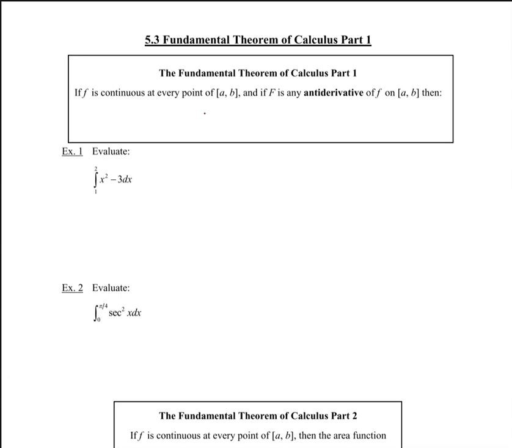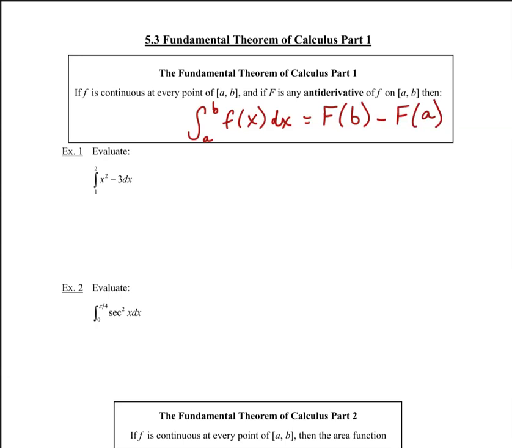Then the definite integral from a to b of f of x with respect to x can be evaluated by finding the antiderivative and evaluating it at b minus the antiderivative evaluated at a. And that's the fundamental theorem.